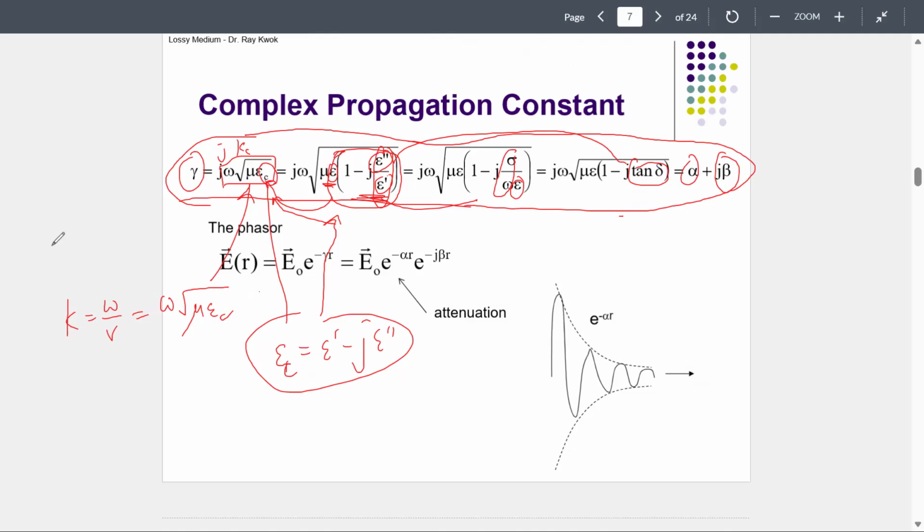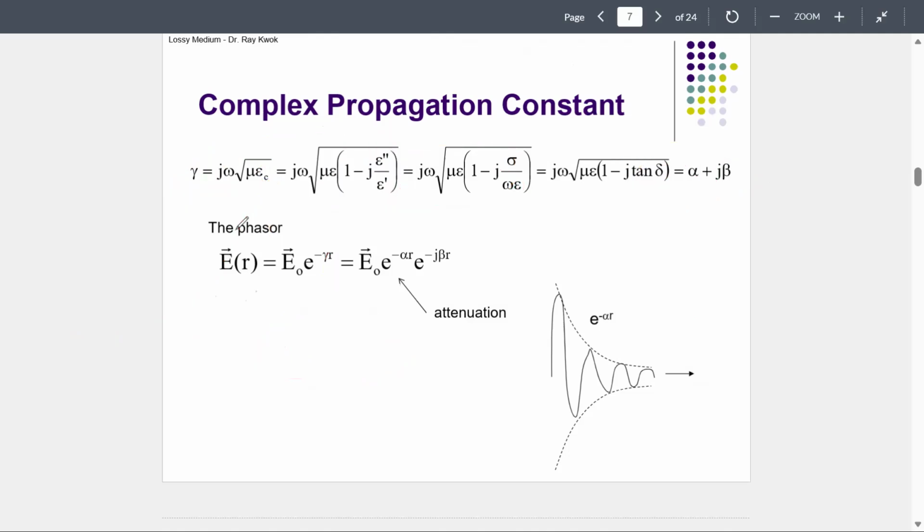So all these equations, all these definitions are the same. Depending on what is given, you can relate them. For example, looking at these two, I know loss tangent is the same as sigma over omega epsilon.